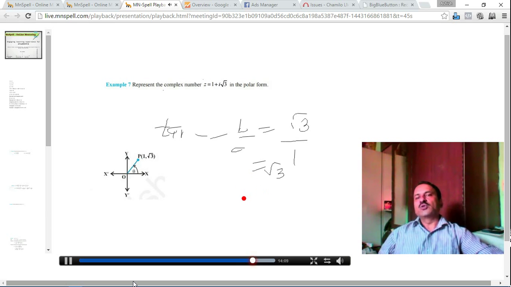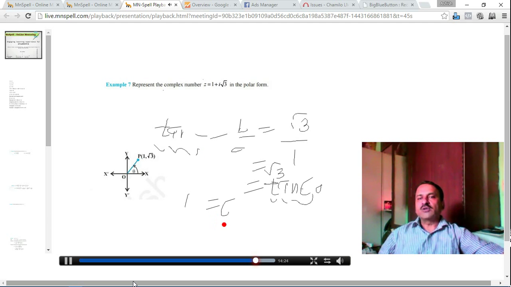And you know that root 3 equal to tan 60. So what we have got? Tan theta equal to tan 60. It means theta equal to 60. And in polar form, we write this angle in radians.